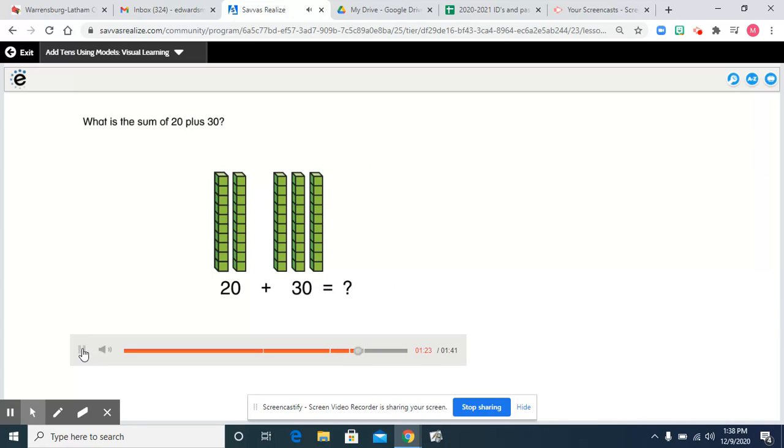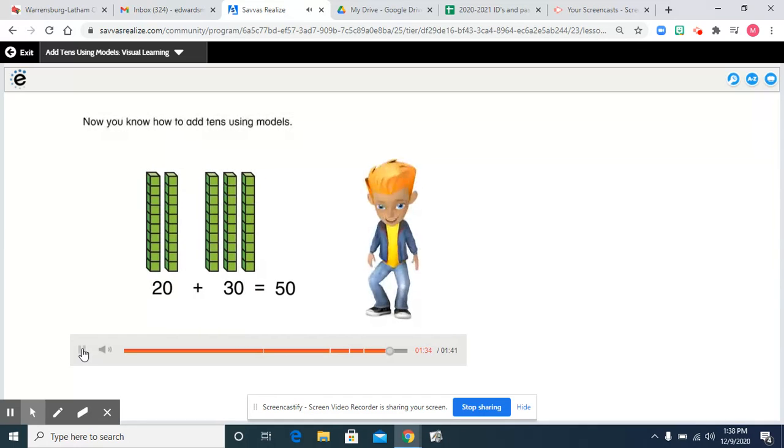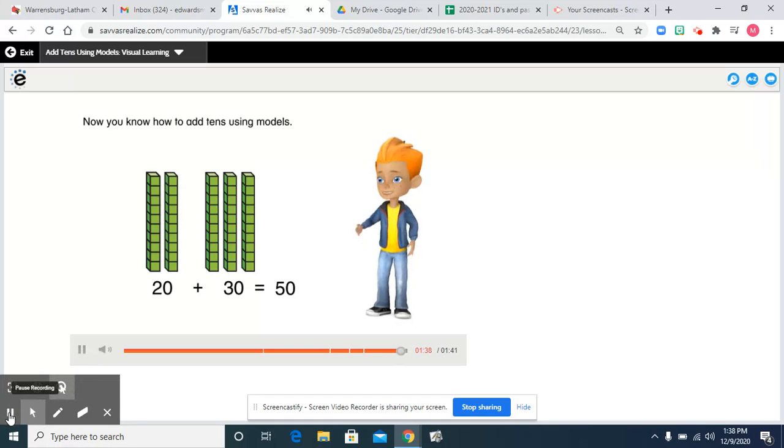What is the sum of 20 plus 30? The sum is 50. 5 tens is the same as 50. Now you know how to add tens using models. Adding tens is fun.